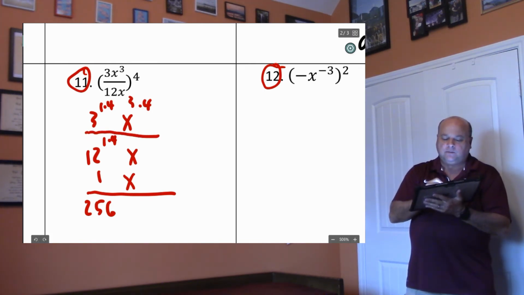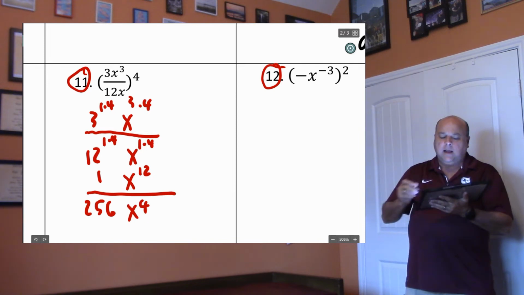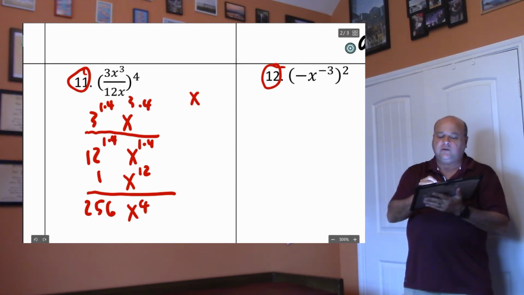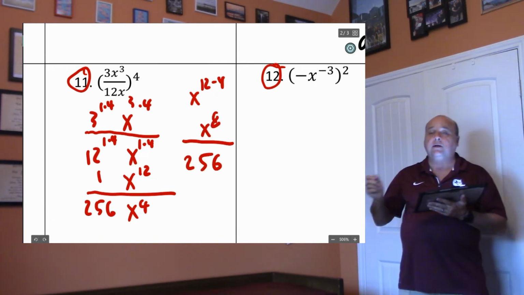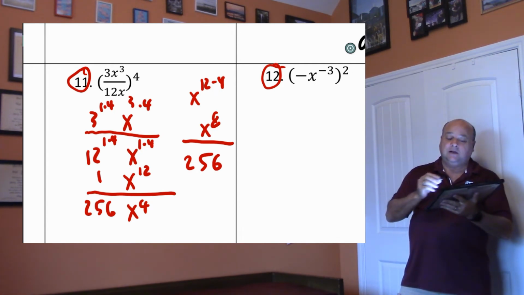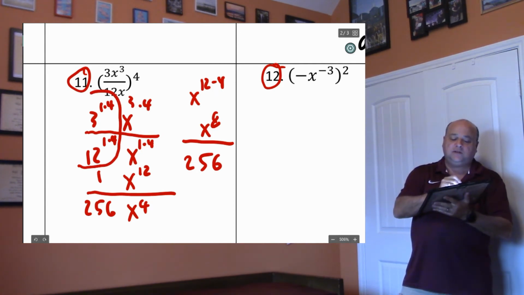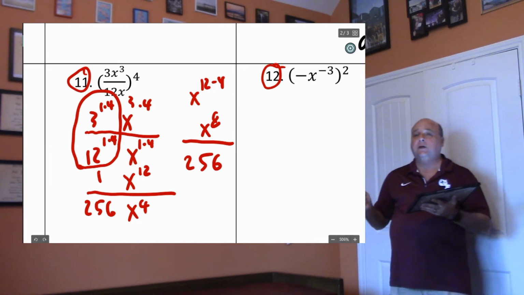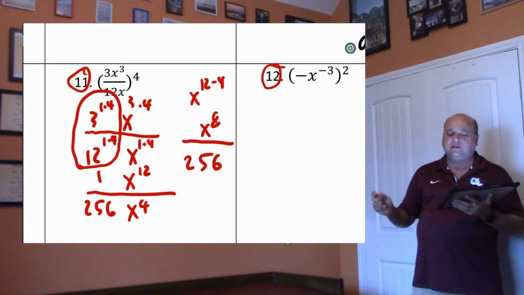This should be 3 times 4 and 1 times 4, right? So x to the 12 over x to the 4. And then notice I'm going to do x to the 12 minus 4 and get x to the 8th, right? So x to the 8th over 256 is going to be my answer. Okay? Pretty simple stuff, not that difficult. You could also punch this into the calculator and get the same thing. You would get 1 over 256.